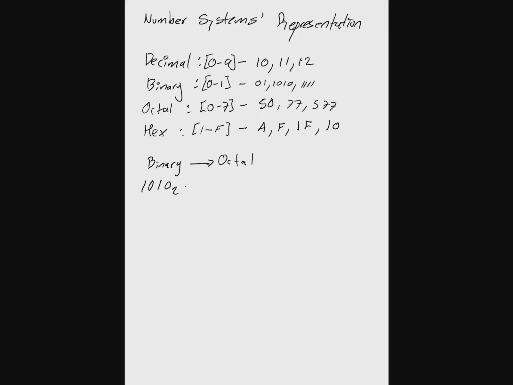And this is base 2. You want to transform it into a number that is base 8. So the straightforward method, and you need to learn this method, is to take groups of 3 digits in this number.